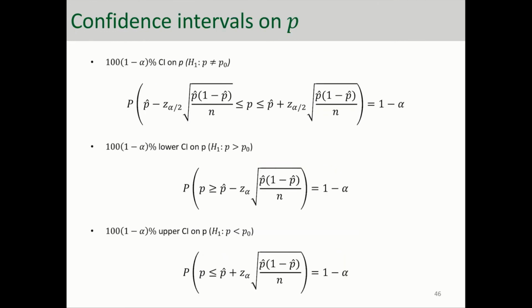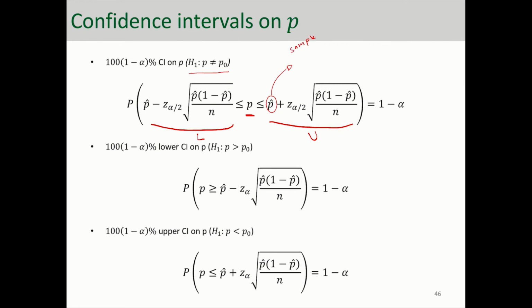You can also calculate confidence interval for two-sided test and one-sided test. For confidence interval, as you can see here, when the alternative hypothesis is two-sided, you can calculate the upper confidence limit and lower confidence limit here, but you have to remember that this p hat is the sample proportion.